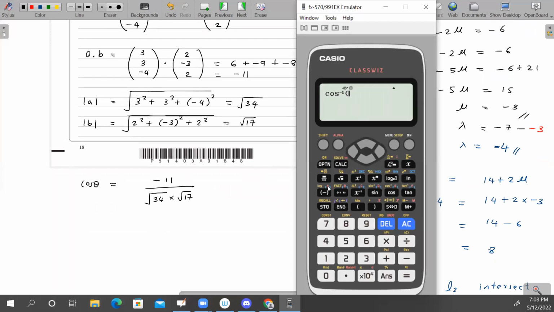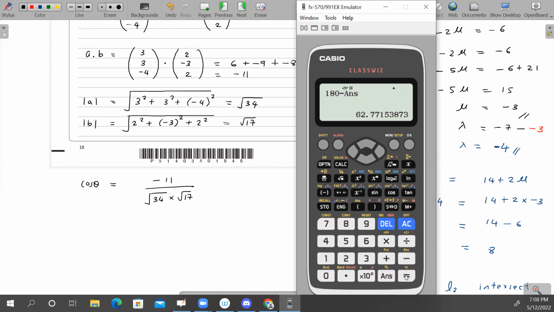The cos inverse, if you type minus 11 over root 34 times root 17, I get the answer as 117.228. Then we subtract the answer from 180 and we get the relevant acute angle. So 180 minus answer, and you get the acute angle as 62.7715.